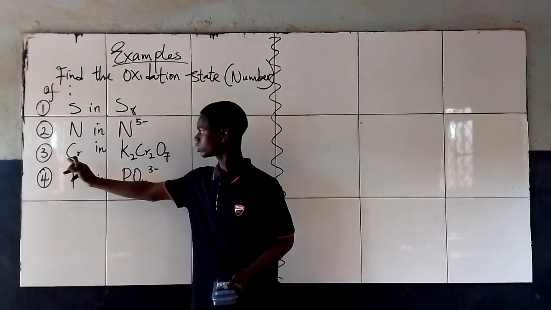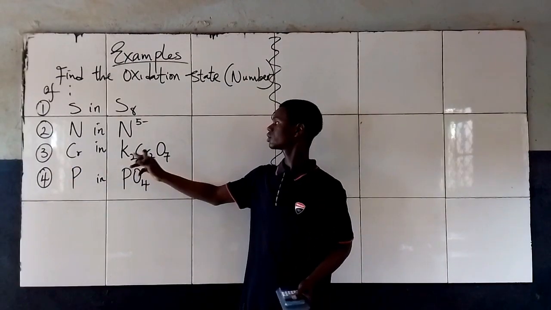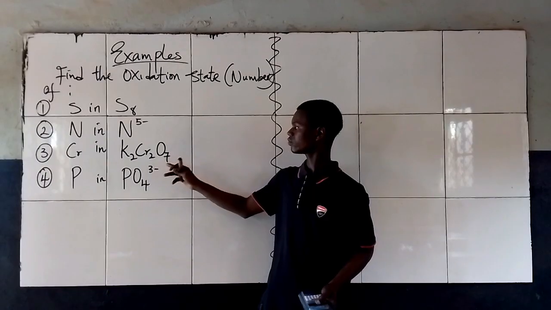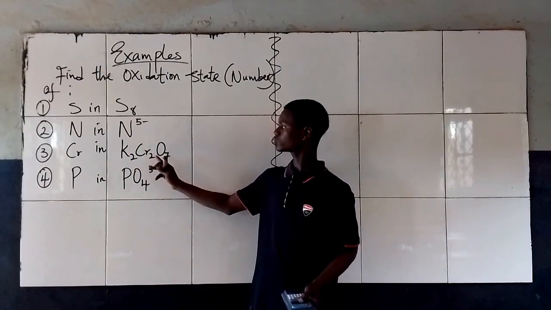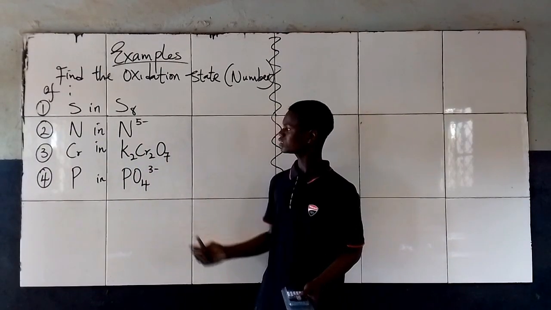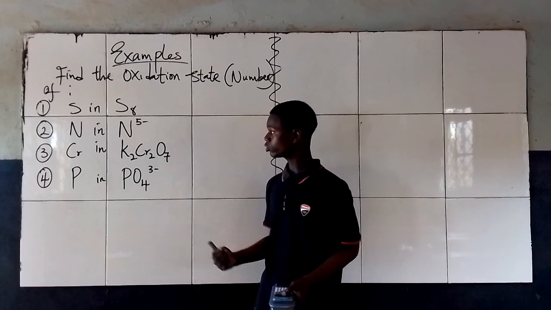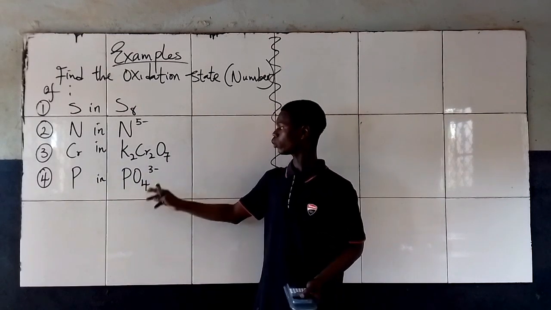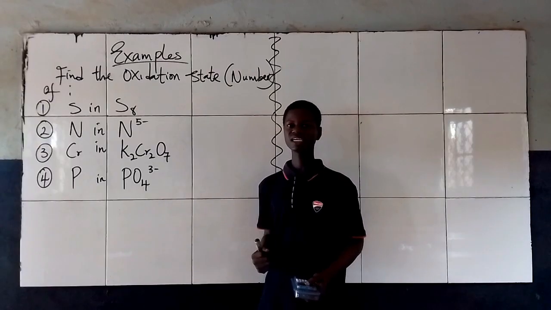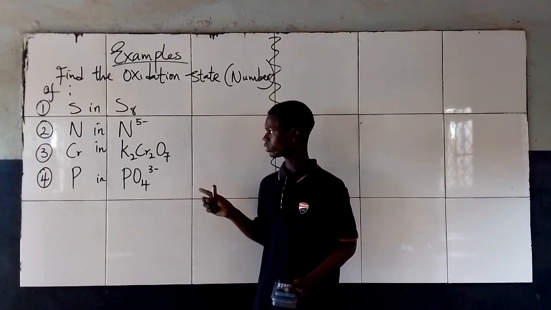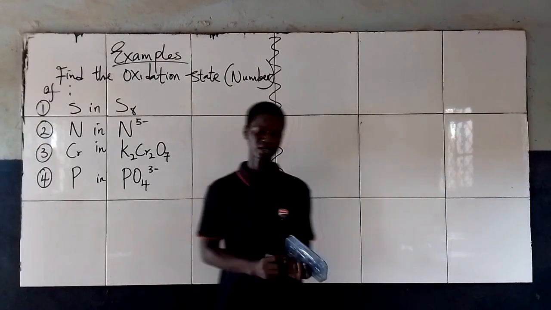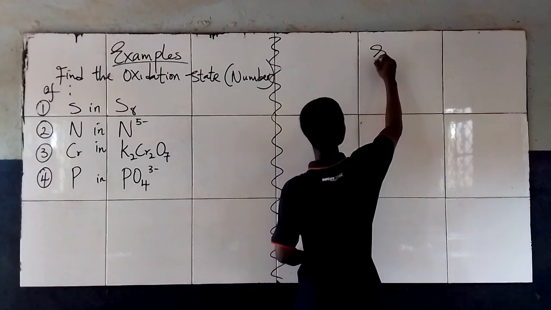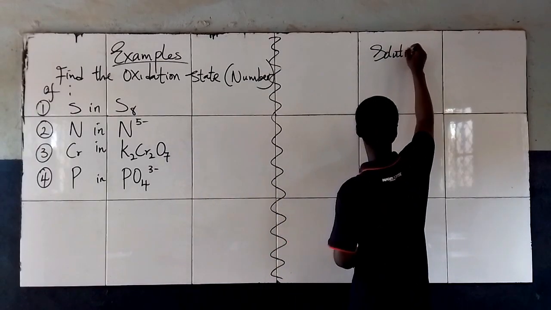Number 3 is chromium in K2Cr2O7, that is potassium heptaoxodichromate(VI). We are asked to find the oxidation number of chromium in it. Then this is for what? P in PO4 3 minus. So let's see how we can solve these questions under oxidation number. So we're taking the solution here. Alright? So let's get started.